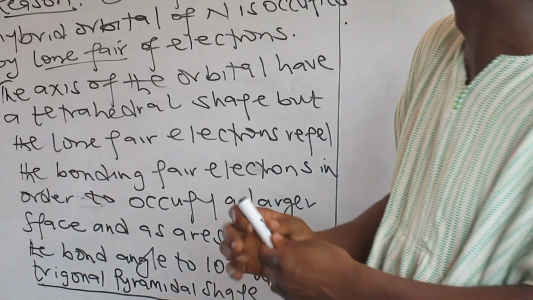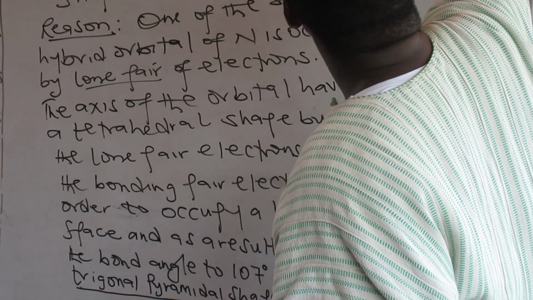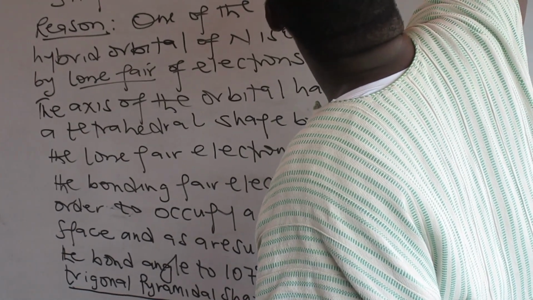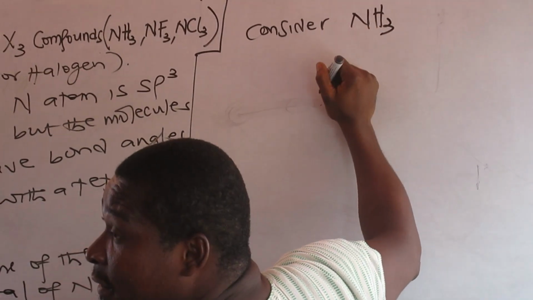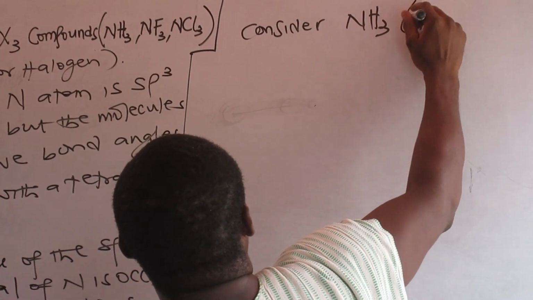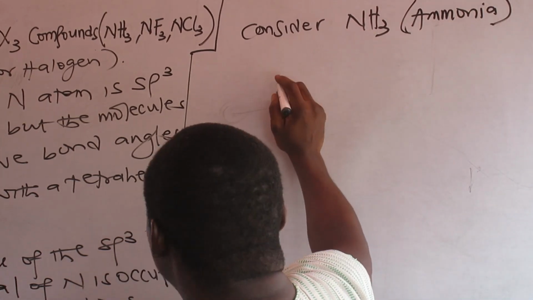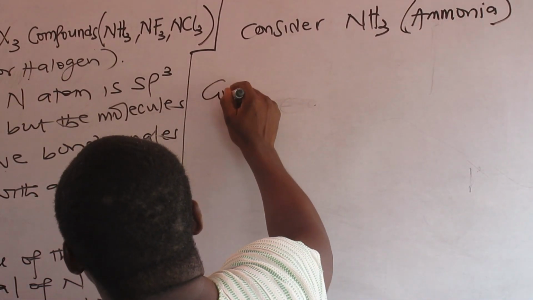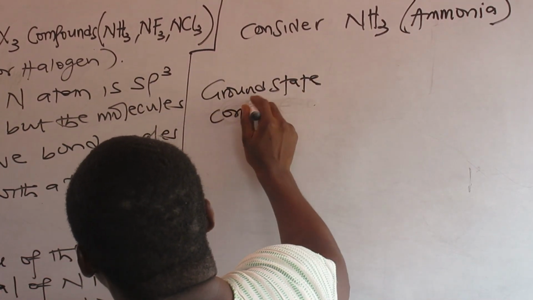What are we talking about? Illustration. So consider NH3, ammonia, right? Good. So there's ammonia, and the ground state electronic configuration.